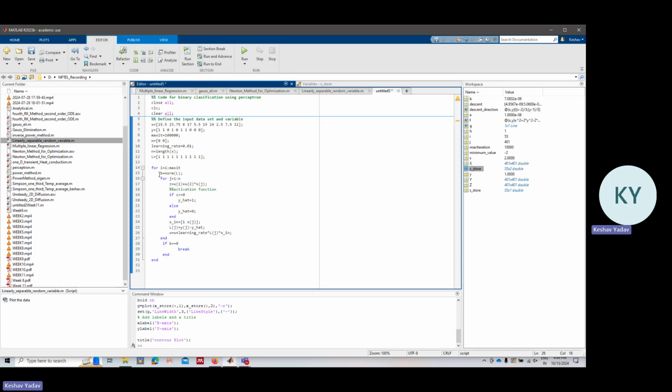Otherwise, it will again calculate the norm of L. If B is equal to 0, it will break, else it will continue. So what I want to display? I want to display W after each iteration.